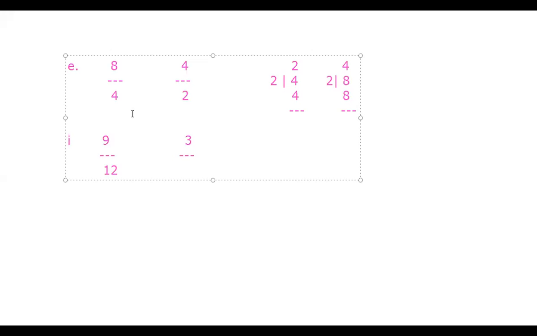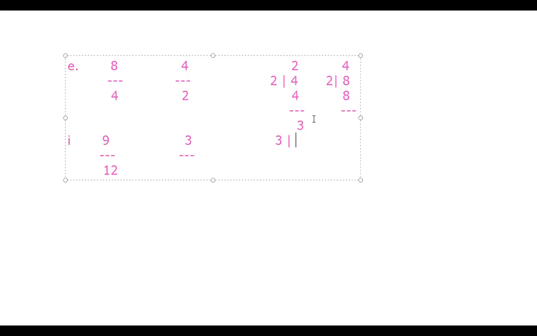The numerator is 3. This is smaller, so first we have to find out the quotient. And the quotient will be 3, the result. 3 3s are 9.